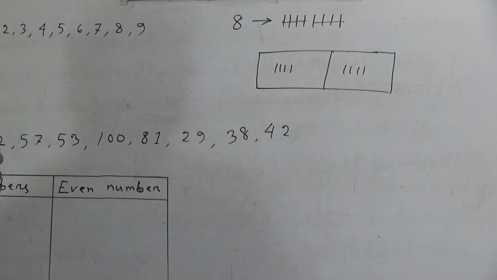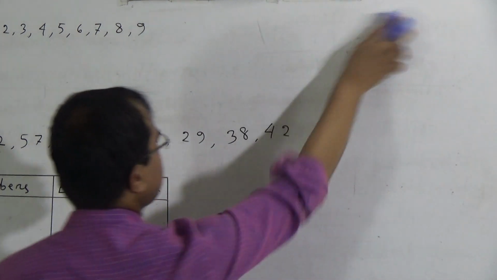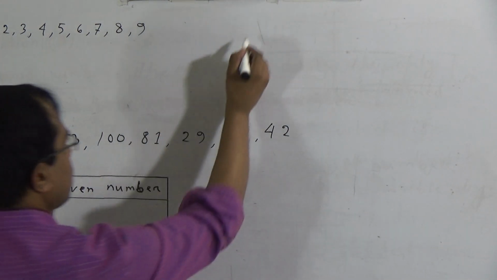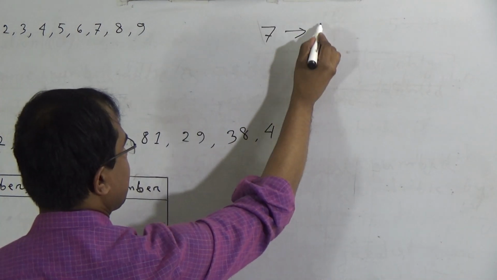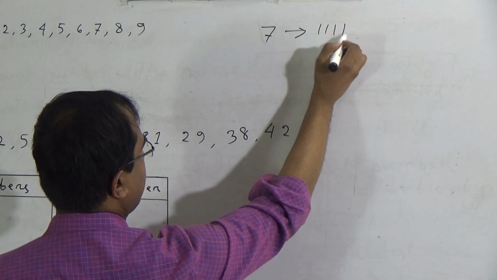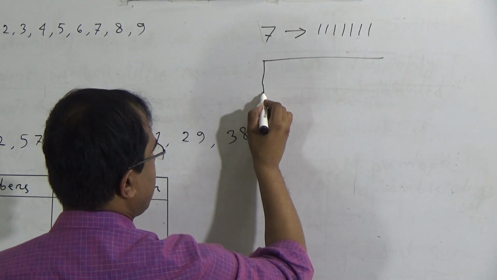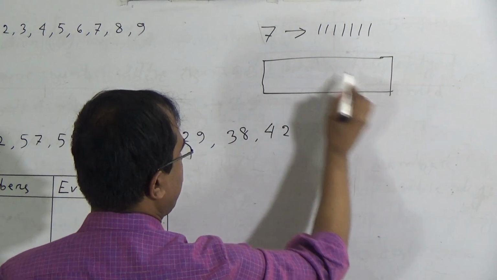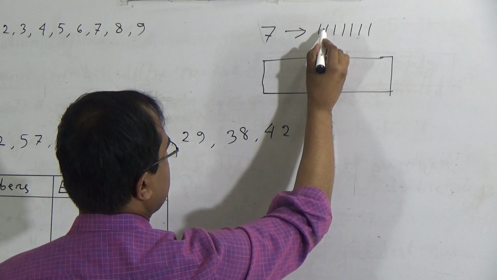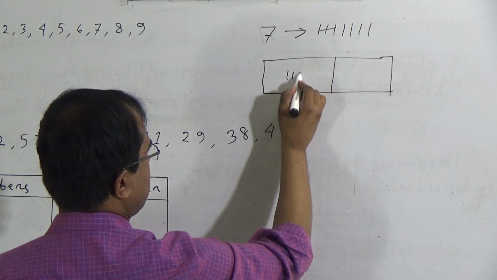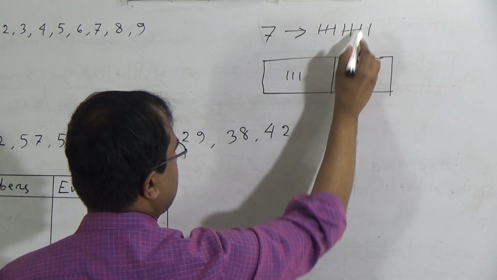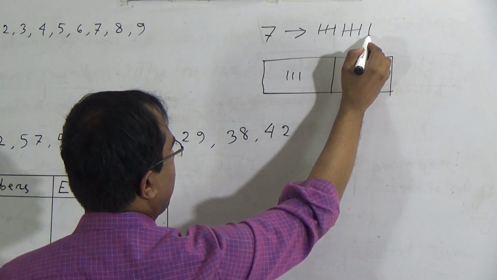But if we consider 7, and we denote this 7 by 7 sticks, 1, 2, 3, 4, 5, 6 and 7. Now we are trying to divide these 7 into two equal parts. At first we will take 3 sticks in this part and another 3 sticks in this part, 1 stick remaining.